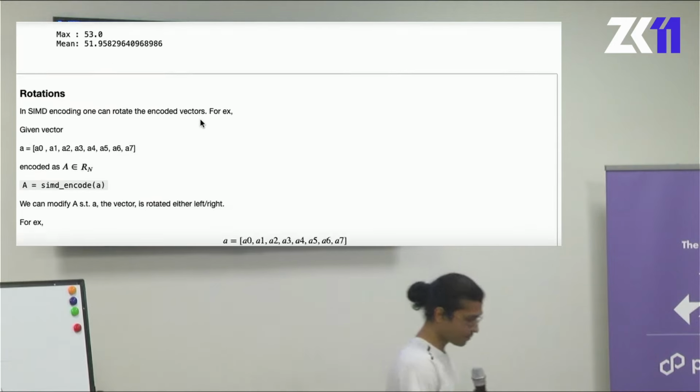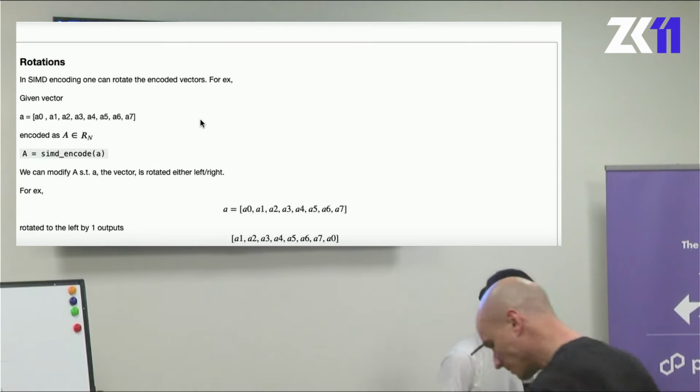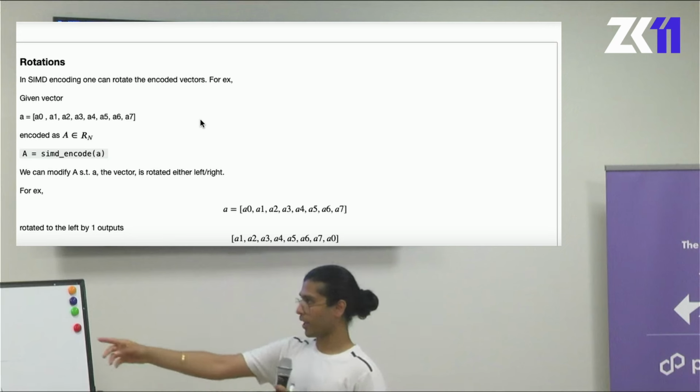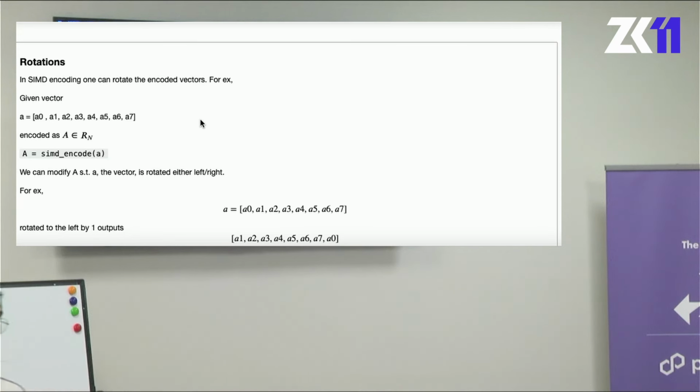So in SIMD encoding, where you encode a vector as a polynomial, it turns out you can manipulate this polynomial in a way so that the vector itself is rotated. For example, let's say you have A0, A1, A2, A3, and you encode this vector as a polynomial A. You can change this polynomial in such a way that the vector is rotated.